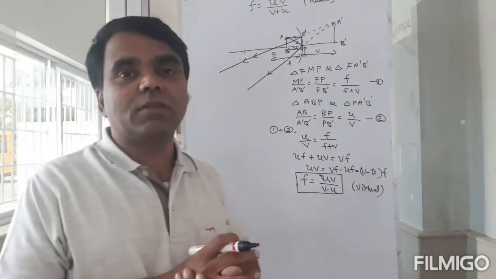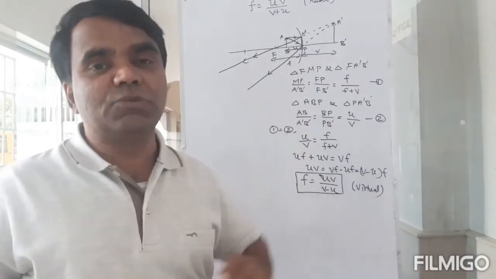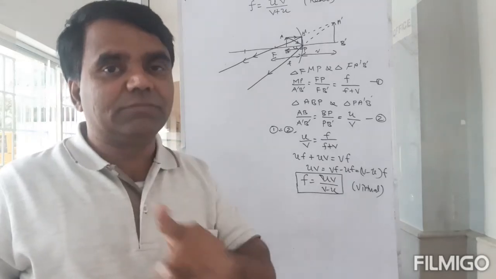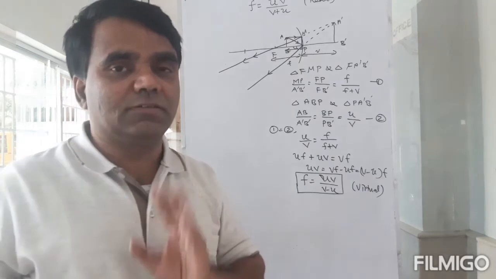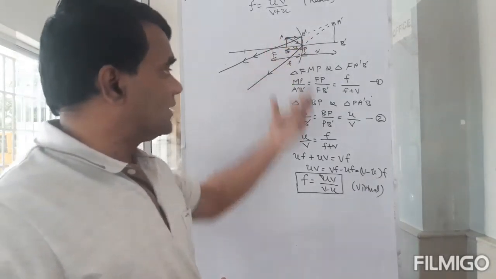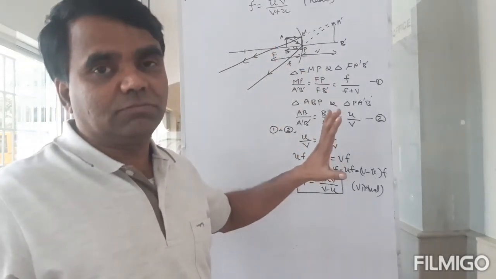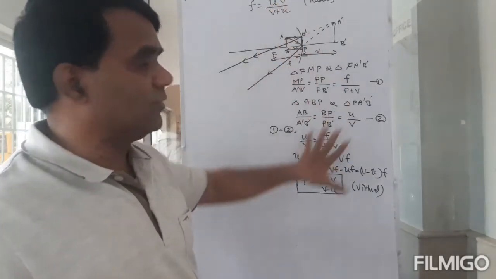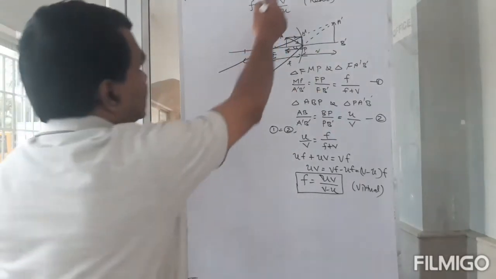But you can have one single equation if you use the sign convention. And this is where the sign convention becomes critical. When you measure these distances, if you use the sign convention, then I can straight away use one formula.